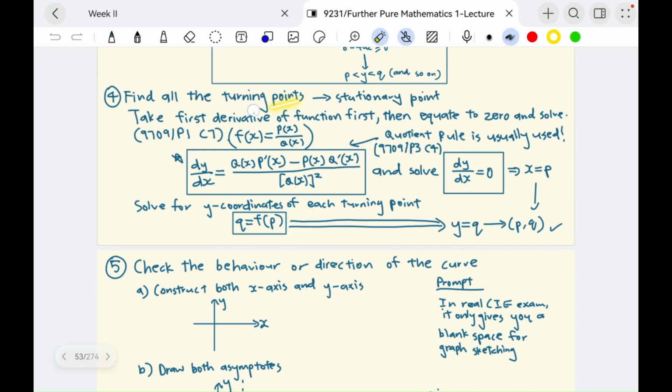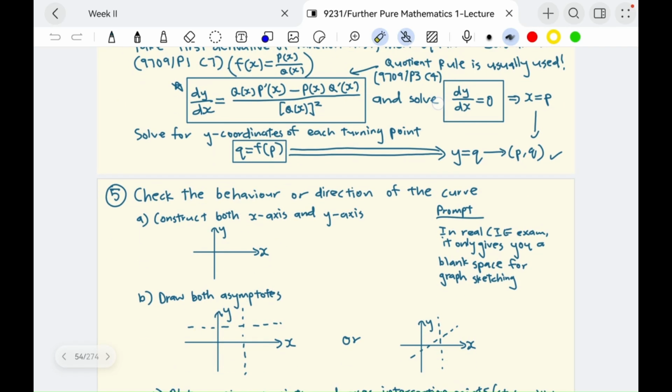And then, to find the turning points, usually you can use the quotient rule, or the direct derivative if long division is done, for the RF that is an improper fraction. Then solve for the derivative equal to 0 to get the x coordinate of the stationary point, and substitute into the function to get the y.